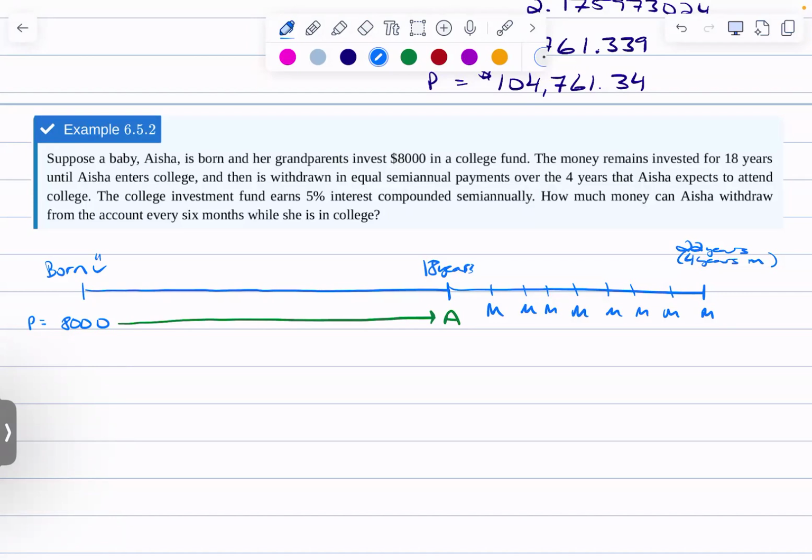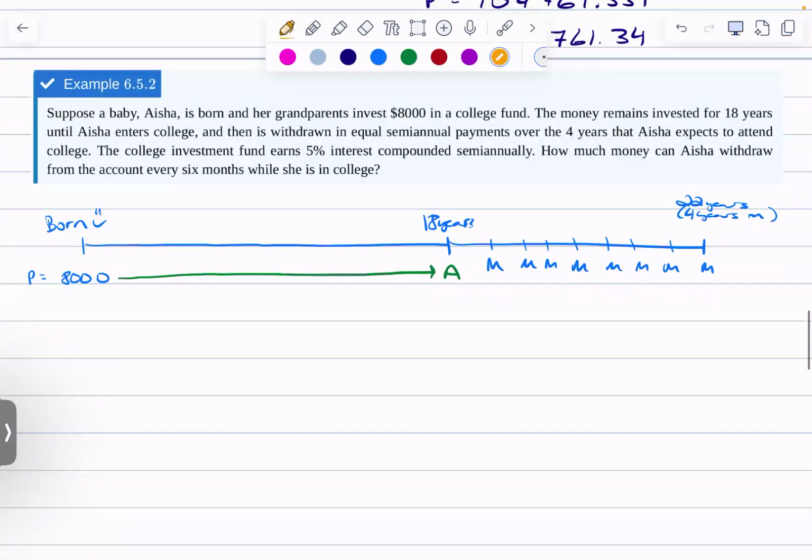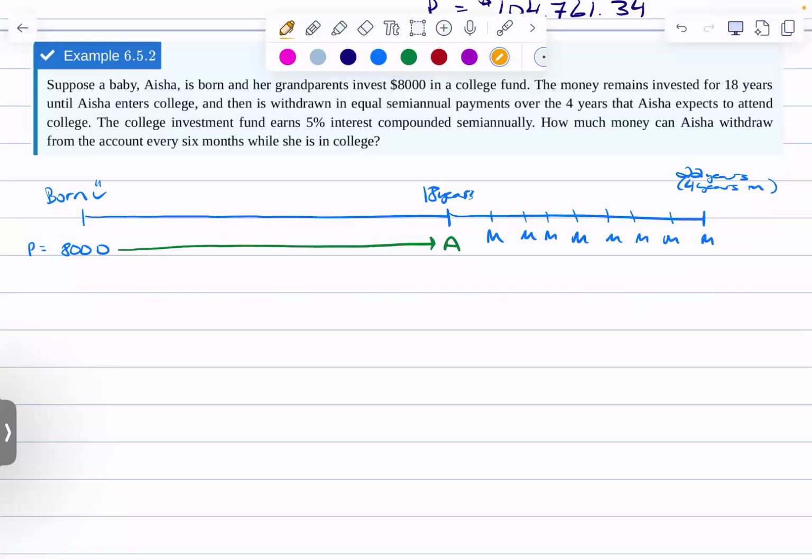So now, these payments are coming from some principal value, right? So we're starting with some amount, and then we're taking out M's until we end up with 0. So our accumulated amount becomes 0. That's kind of pointless to us.